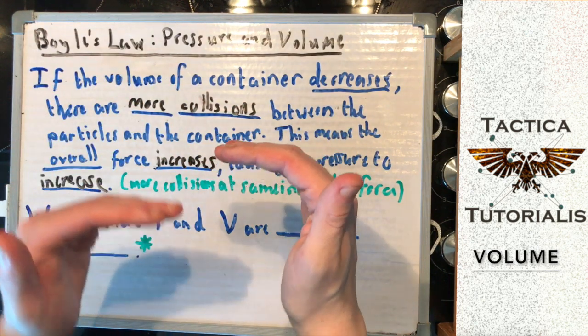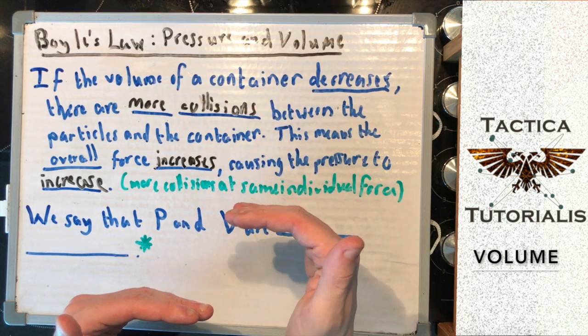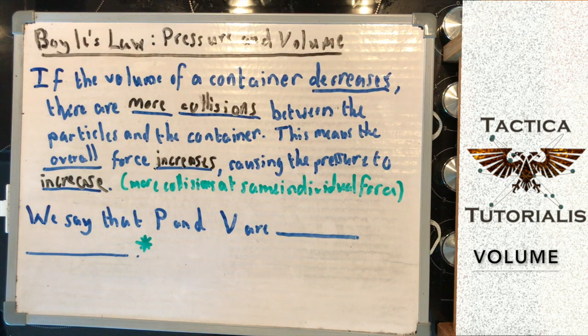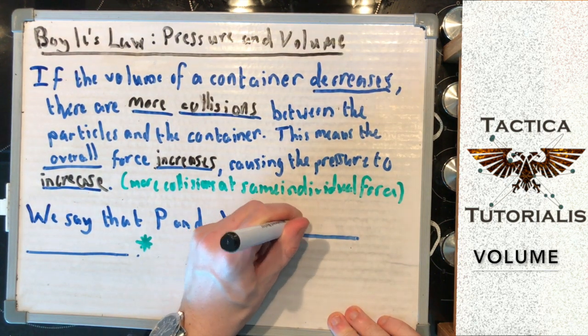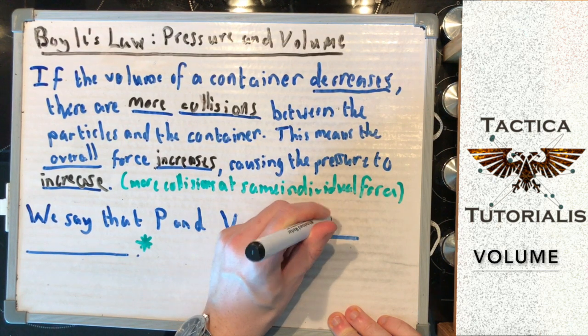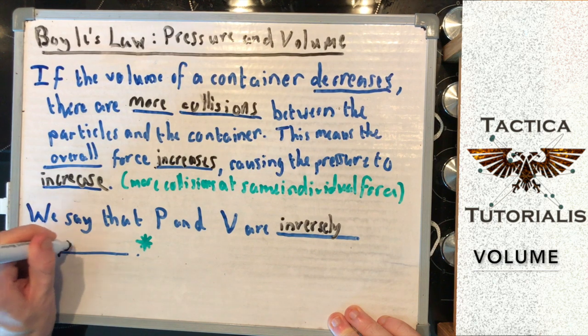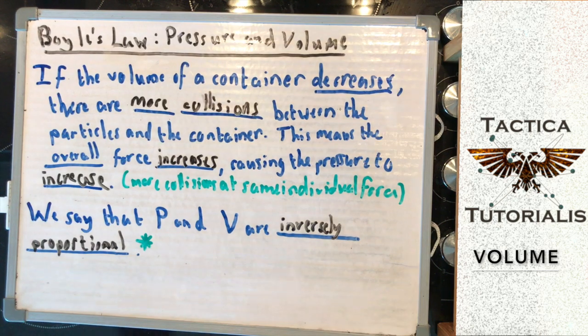In this case, as V goes up, P goes down, and as V goes down, P goes up, if you follow. We describe that relationship as inversely proportional, which is a term you may have come across before. If you haven't, don't worry. I'll address the asterisk in a moment.